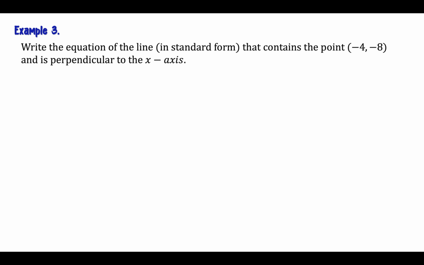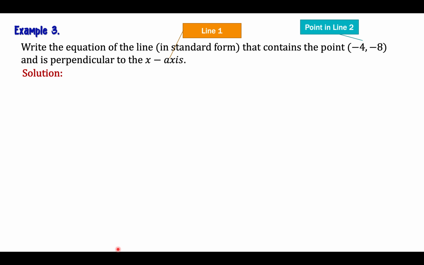Okay, for the next example, we are to look for another line, which is in standard form. This must contain the point -4, -8, and is perpendicular to the x-axis. So remember, we're going to look at your x-axis as your line 1, while -4, -8 is a point in your line 2.